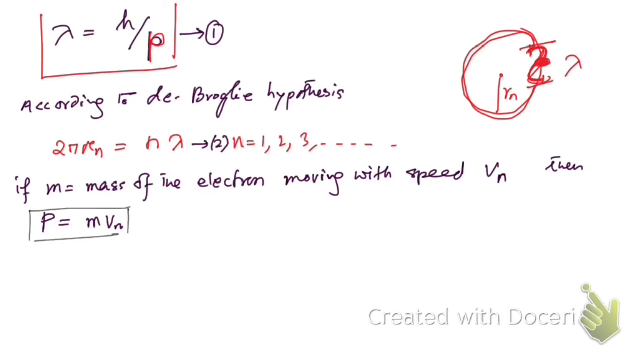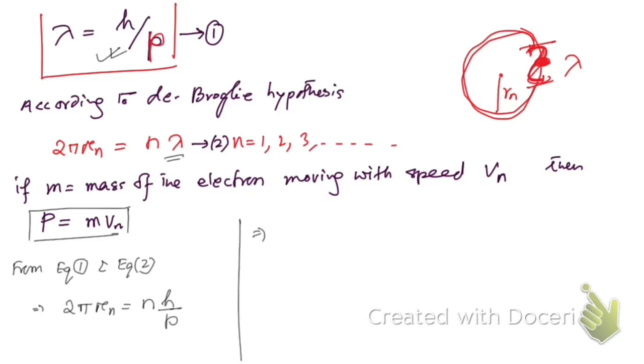Now if we use this value of lambda here, from equation number 1 and equation number 2, we can write 2 pi Rn is equal to n into, instead of lambda, h by p. So 2 pi Rn is equal to n h by m Vn.